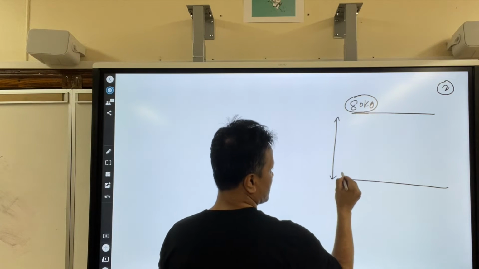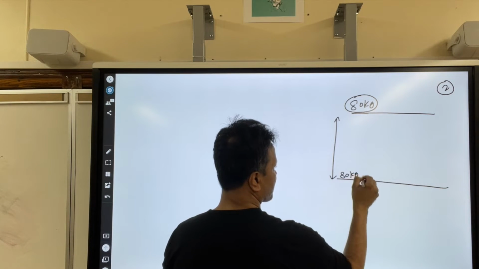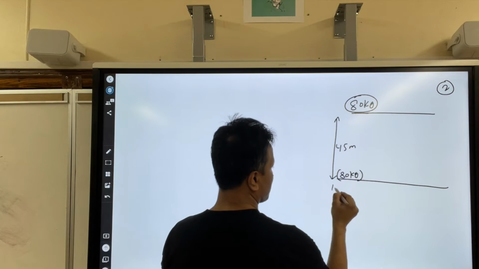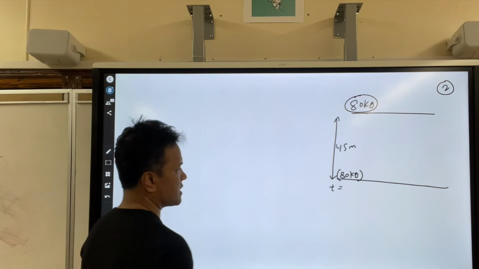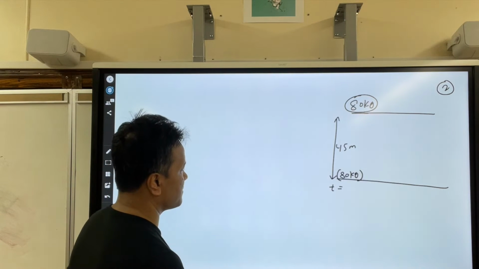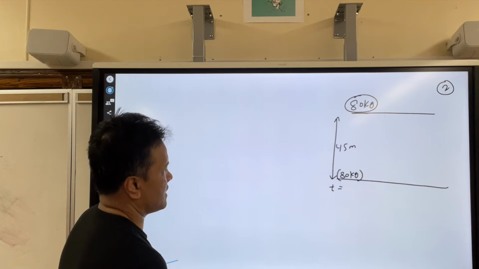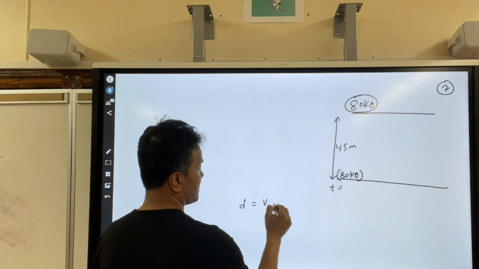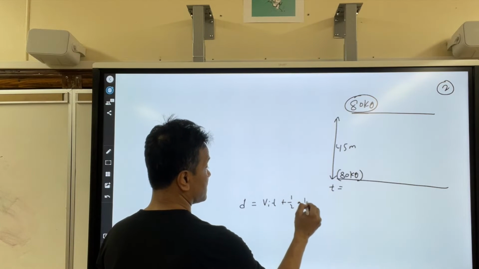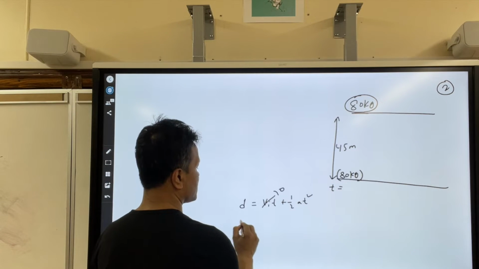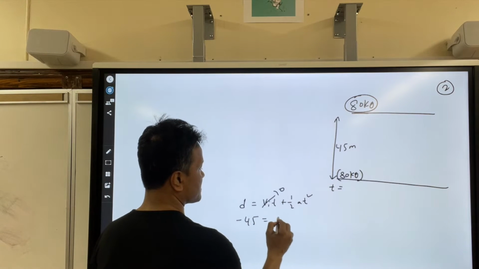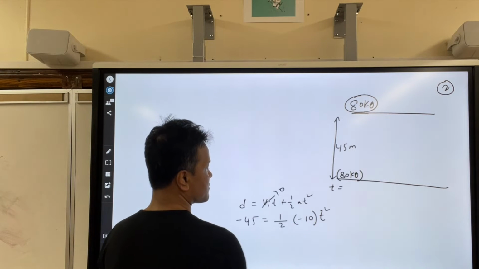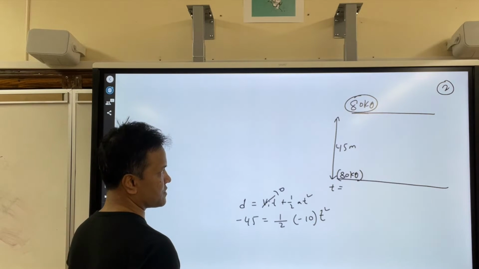I want to find the impact time. You can find time many ways. One of the ways: d is equal to vit plus half at squared. So this is 0, this is negative 45, this is half negative 10 t squared. So time is 3 seconds.